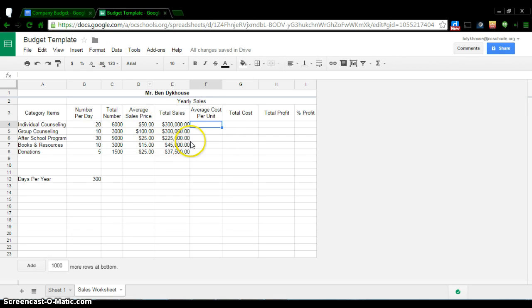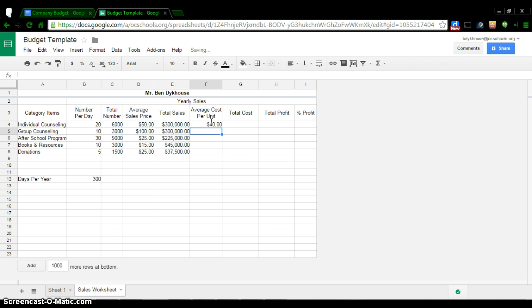That's about what I'm going to do here, except mine are services rather than products. So pay attention to this number right here as you come up with your average cost. So my average sales price for individual counseling was $50. I think it's going to cost me about $40 to provide individual counseling because I have to pay for a counselor to be there and I have to pay for my building.